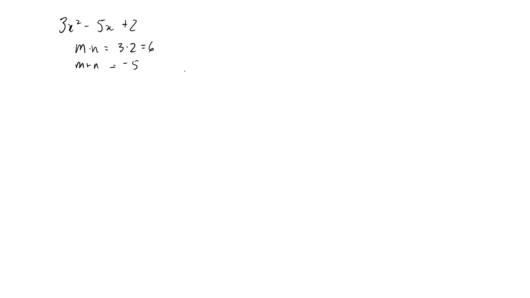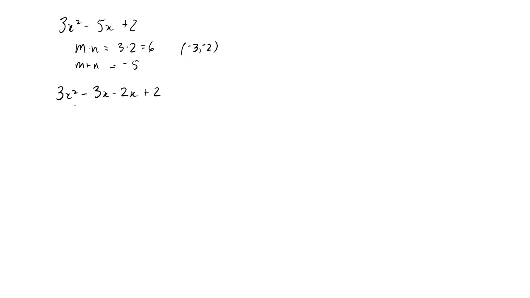Add to negative 5. So if they're adding to negative, but they multiply to a positive, it means there's two negative numbers, and I'm guessing it's just negative 3 and negative 2. So those are our two numbers, m and n. Okay, so 3x squared. They're both negative, so it doesn't matter the order. So I'll just do it like this.